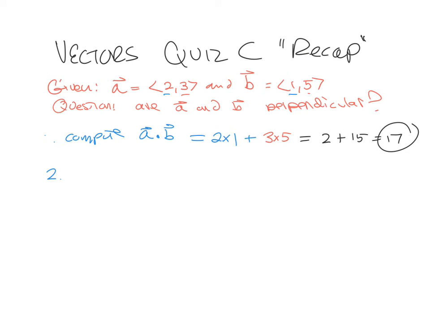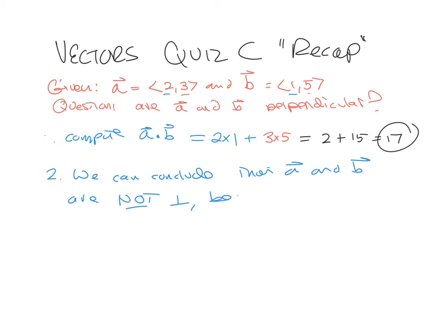Well, from this, we can conclude that vector A and vector B are, drumroll, not perpendicular because the dot product was non-zero.